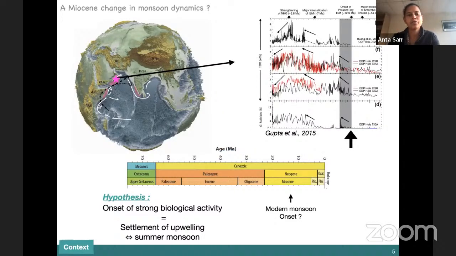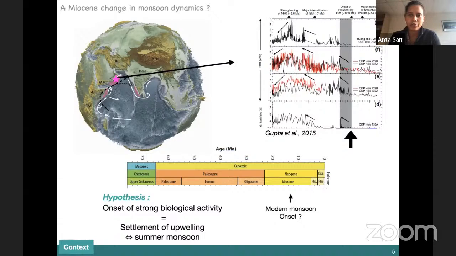Here, same site, the 722-730 Oman coastline, but a more recent study by Gupta 2015. Here again, you have the percentage of Globigerina bulloides at the bottom of the plot, and the three top rows are the total organic content of the sediments.